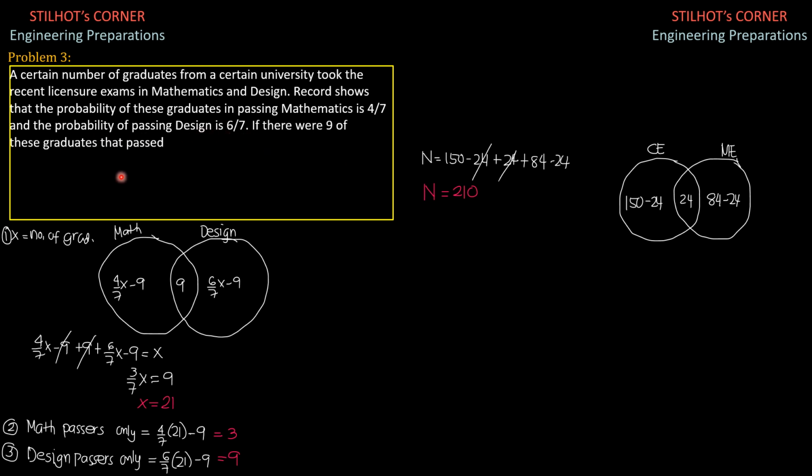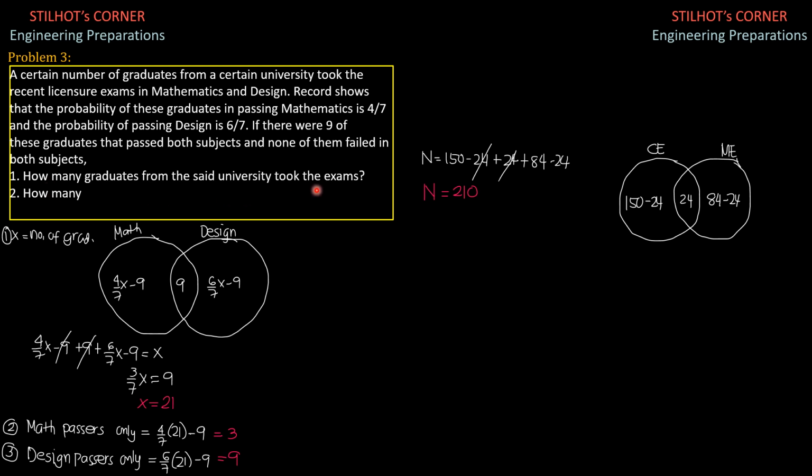If there were 9 of these graduates that passed both subjects and none of them failed in both subjects, how many graduates from the said university took the exams? How many of these graduates passed the mathematics subject only? And how many passed the design subject only?